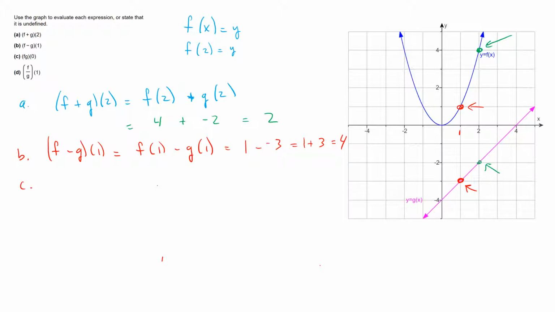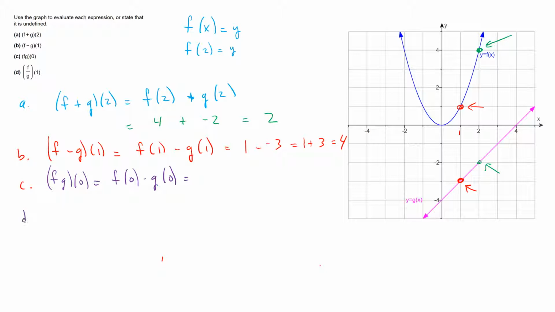On part C, they would like me to find f times g of 0. That's the same thing as f of 0 times g of 0.